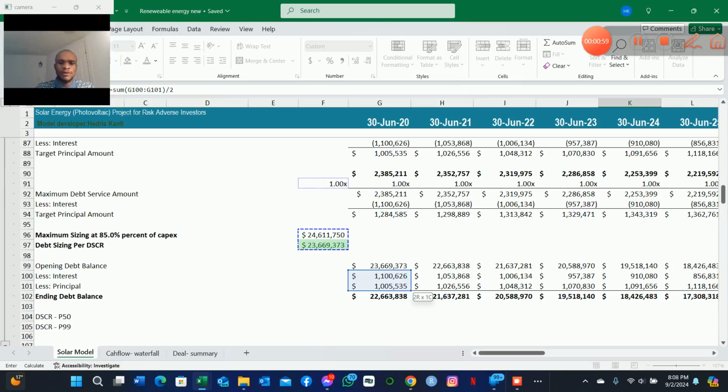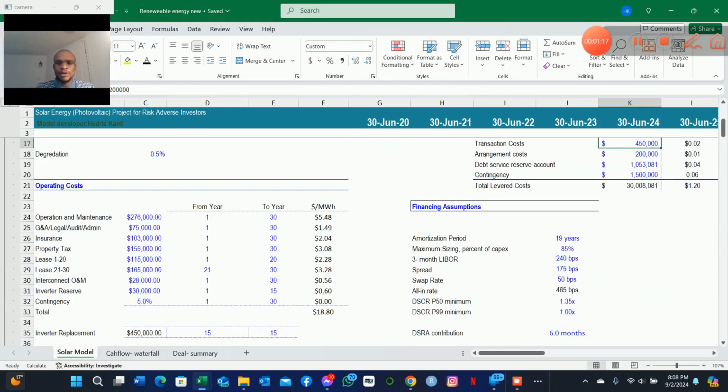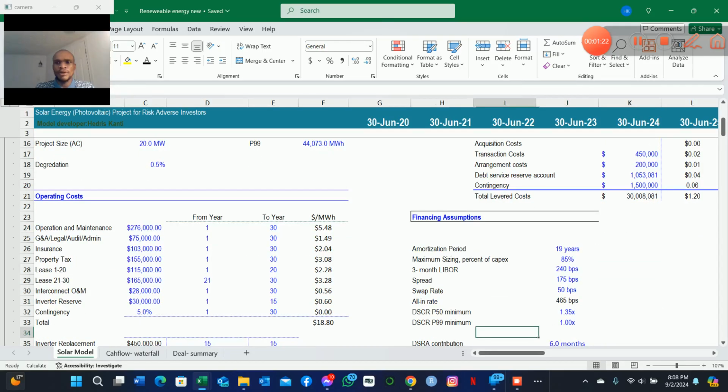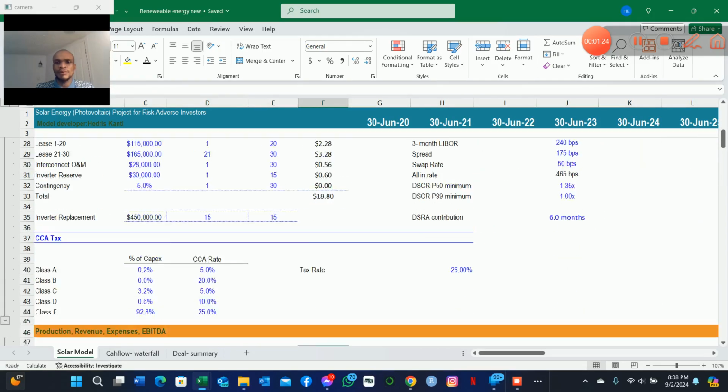Then we divide it by 2 because we are taking an average of the amount that will be included in the total debt service, or the maximum sizing of capex. So we have that amount there, which will later on flow through our model.